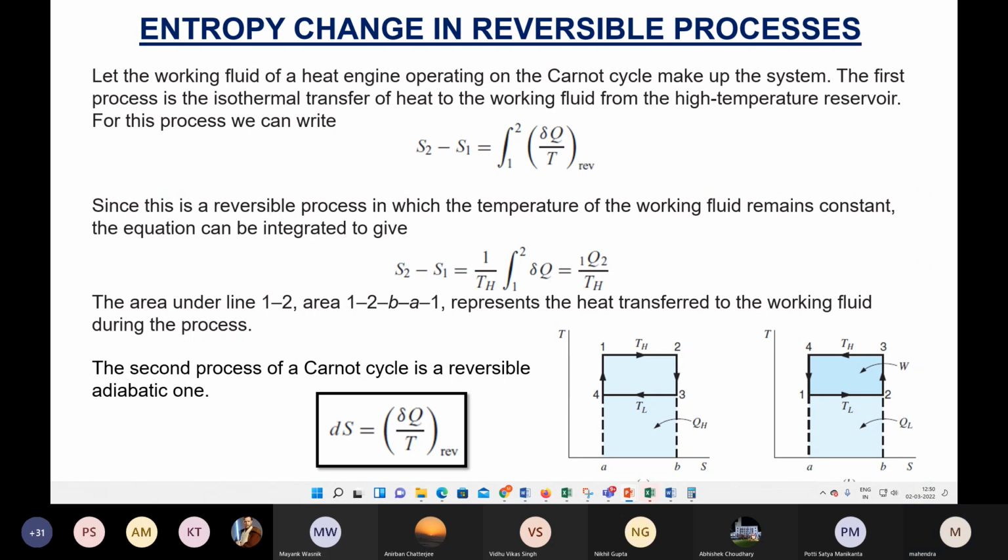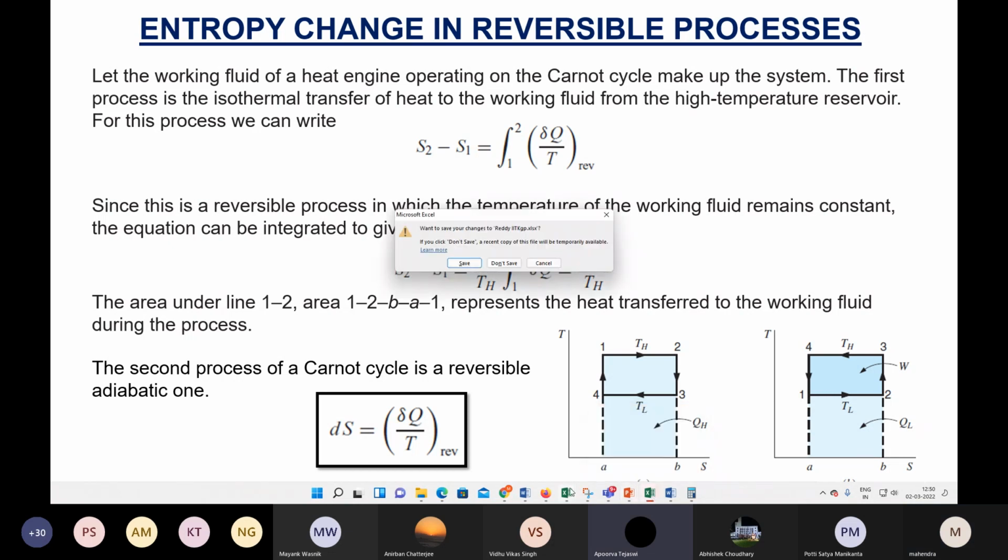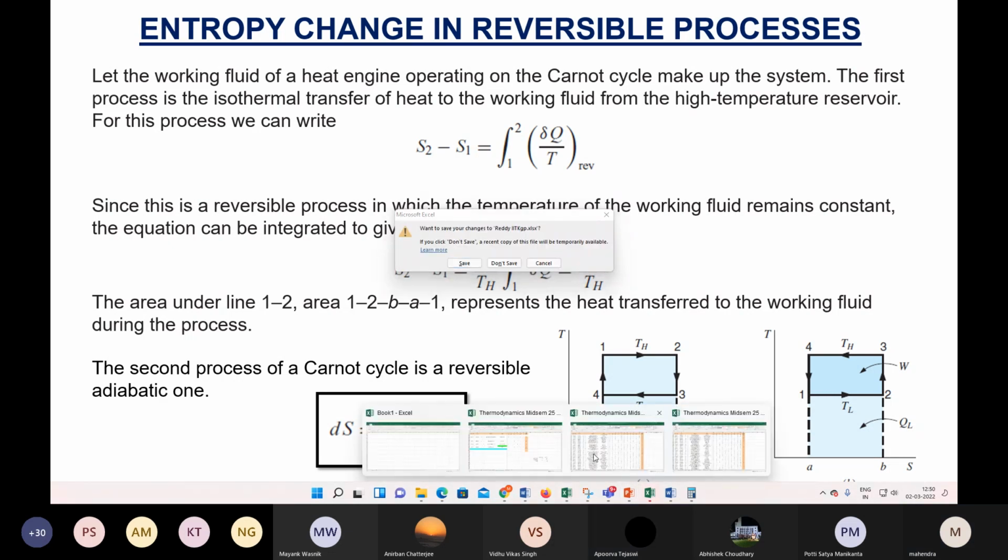Sir, I had one doubt. Like in the mid-sem exam, I got 0 marks. Oh, really? Who is talking? Apurva Tejasvi, sir. But I submitted the paper. I solved it. I don't know. Total zero you got? Yes, sir. Let me see. I have also mailed you the solution.